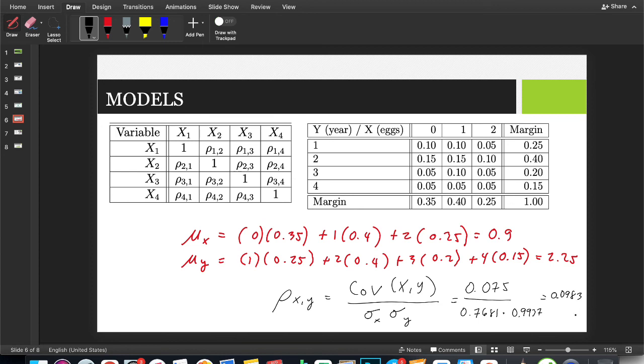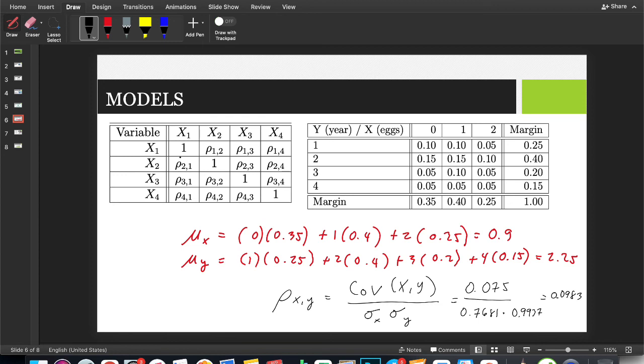Now if you take a look at this value, 0.0983, it's positive. So meaning there is a correlation, but it's a weak positive correlation. And from our problem, we can conclude that older hens actually lay more eggs. That's the conclusion that we can derive from the quantities that we have obtained.